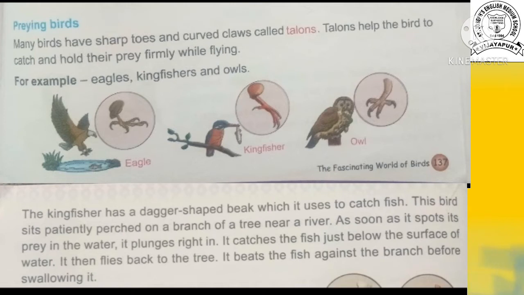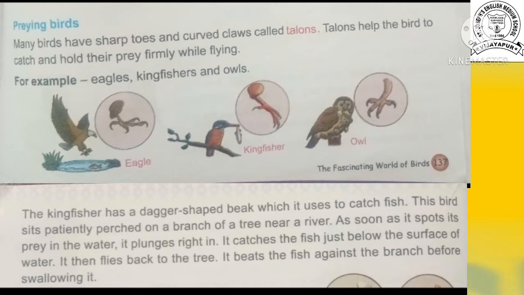This bird sits patiently perched on a branch of a tree near a river. As soon as it spots its prey in the water, it plunges right in. It catches the fish just below the surface of water. It then flies back to the tree. It beats the fish against the branch before swallowing it.